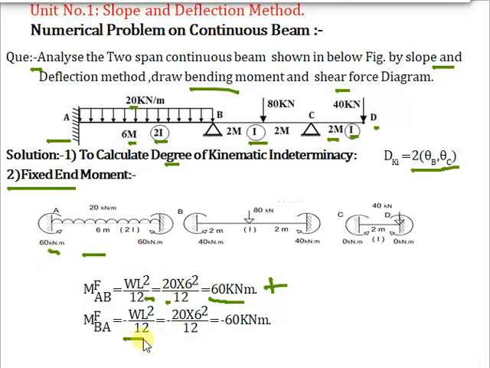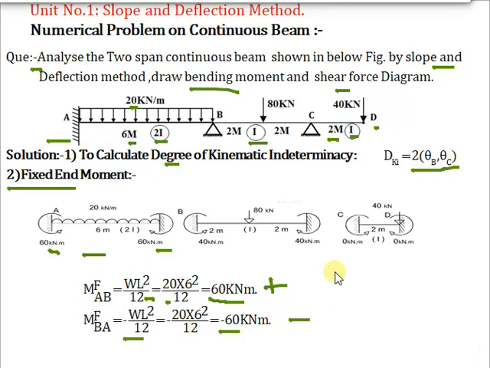And for MFBA at end B, it is in a clockwise sense, so it is minus WL square by 12, equal to minus 20 into 6 square divided by 12, becomes minus 60 kN meter.